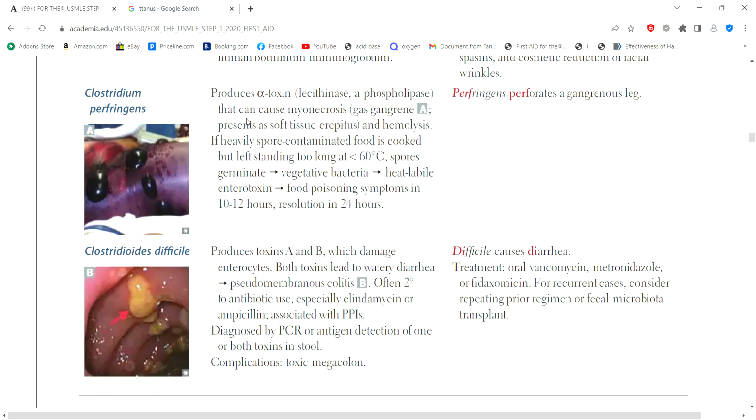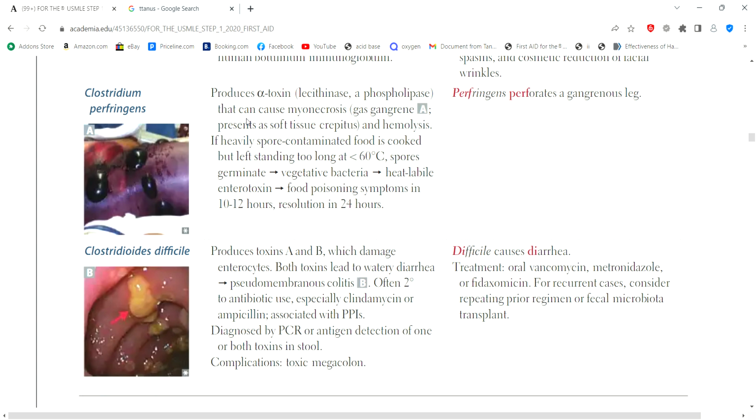So which one is more dangerous, exotoxin or endotoxin? I think it's endotoxin, let me look it up.